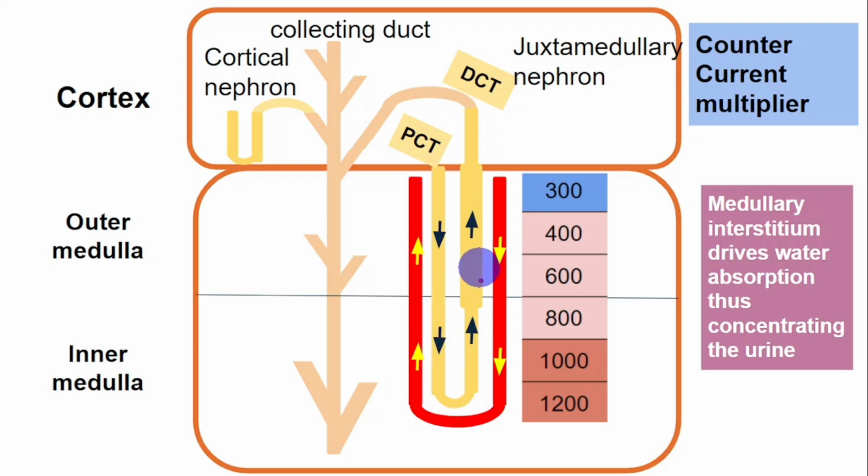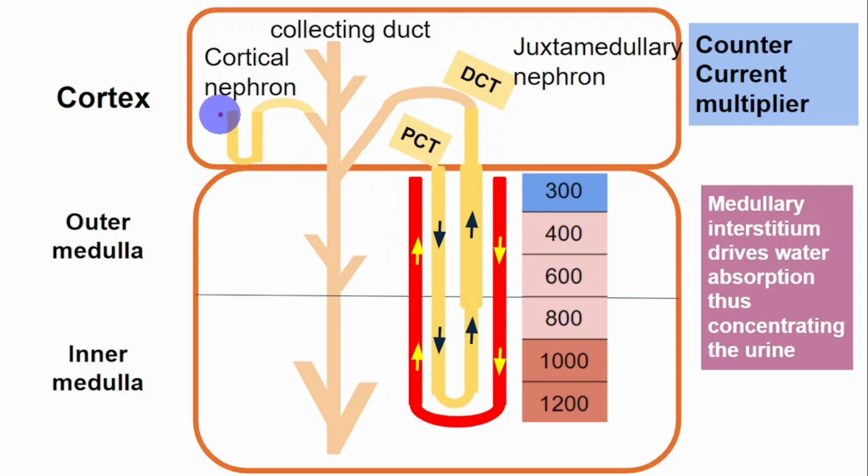So because of the fluid movement, the solute concentration increases from 300 and gradually up to 1200 milliosmoles. And this is the reason the countercurrent system is called countercurrent multiplier system. So the ions are trapped here and it acts like a sponge and it creates a hyperosmotic region.